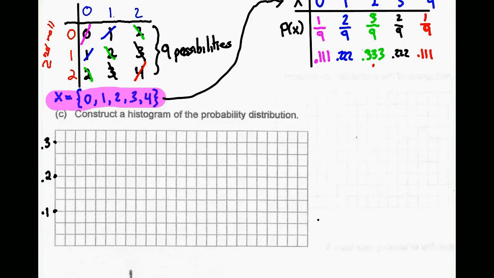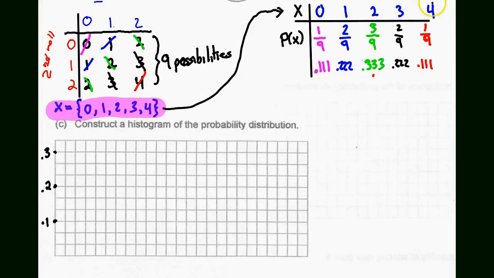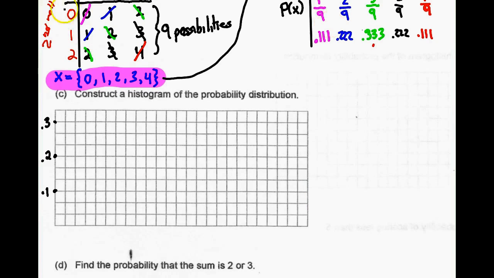So I have 25, 26, so that means if I have 5 different numbers, they can each be a width of 5. 1, 2, 3, 4, 5. This will be the 0. 1, 2, 3, 4, 5. And this is the kind of stuff I was mentioning about math being different. 2, 3, 4, 5.